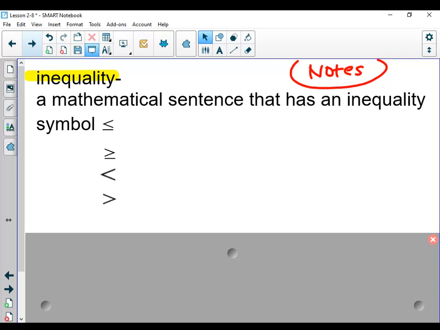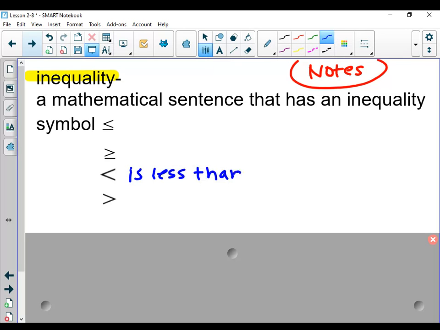I think you're most familiar with these bottom 2, which mean is less than and is greater than. I think you're less familiar with the top 2, which is good news. That's why you're here today listening to me.